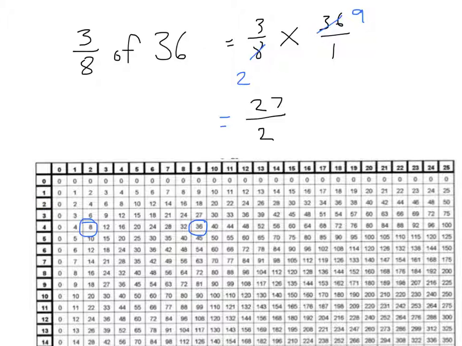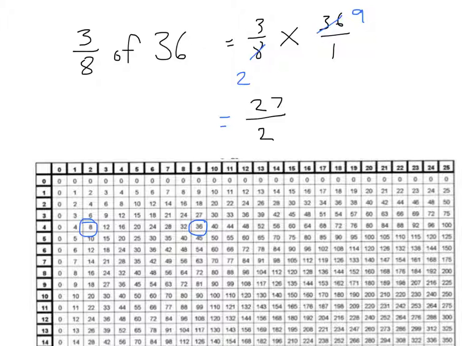But how many times can it go in before it goes over the number 27? That's the key. We want to know how many groups of 2 can go into the numerator without going over. So the closest number to 27 here is 26.